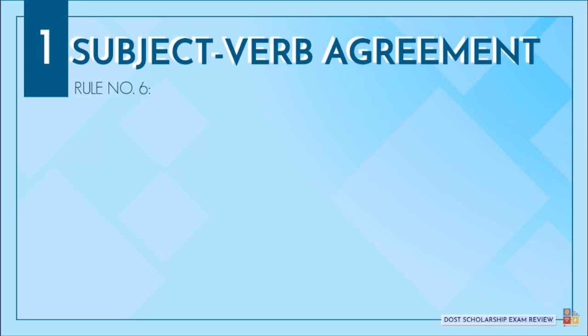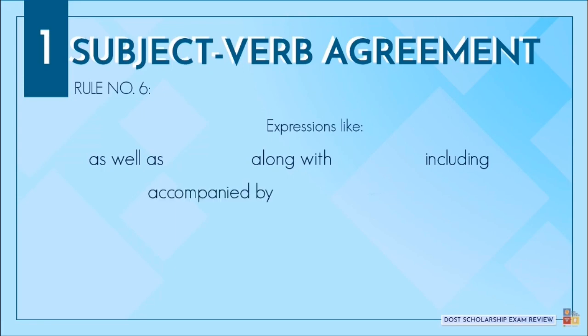Okay, so rule number 6, this next one is something you should look out for. Believe me, I became a victim of this rule. So our next rule deals with expressions like as well as, along with, including, accompanied by, in addition to, plus, and the like that intervene after the subject.